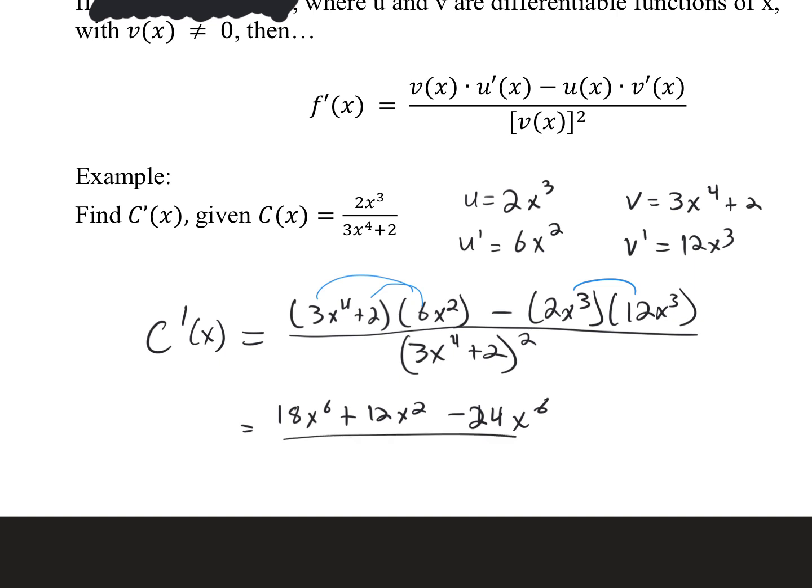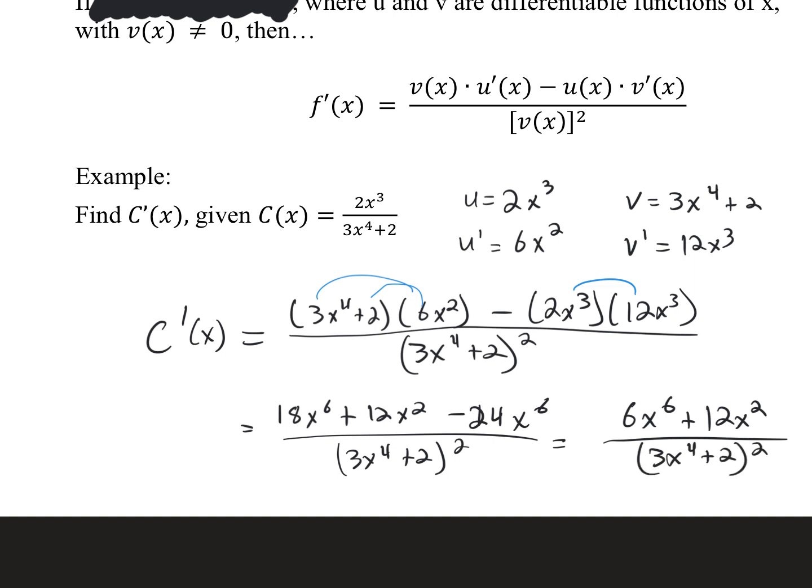So we do have a couple of like terms. 18 minus 24, I believe, is negative 6, so 6x to the 6 plus 12x squared over 3x to the 4 plus 2 squared. Now this is our final answer.